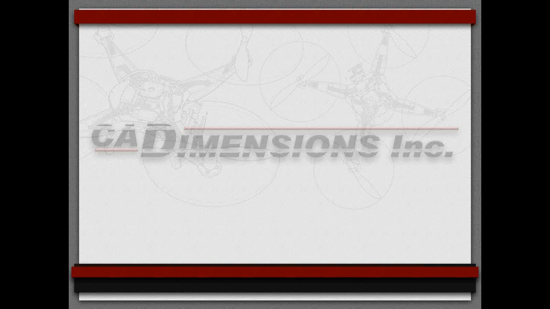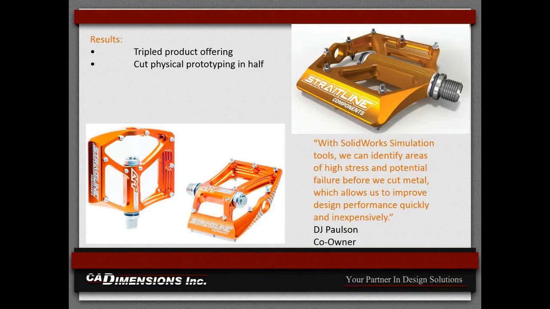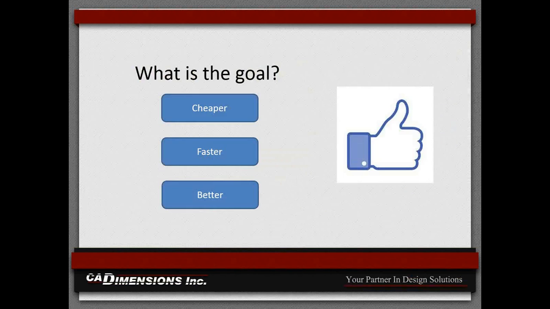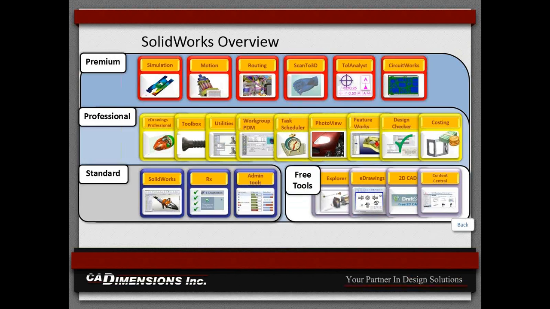So let me just take a look here. I can see we got a couple of questions. Definitely, I can bring up the slide and talk a little bit more about what the different packages are. This is the overview of SolidWorks. You have Standard, then Professional with all these things, and then Premium up here, where what we were talking about today was the static simulation.